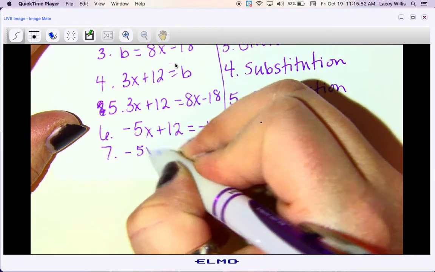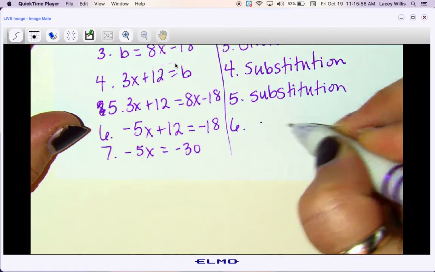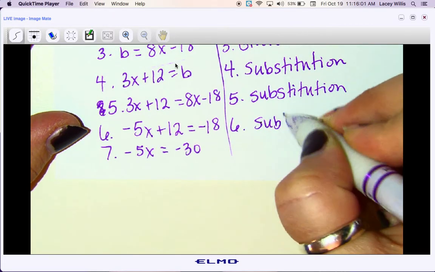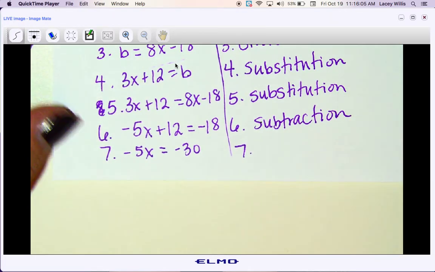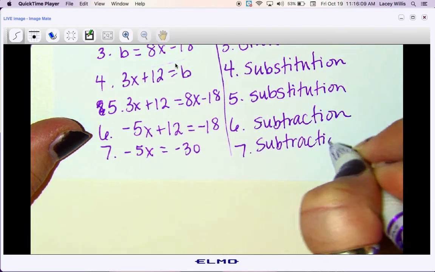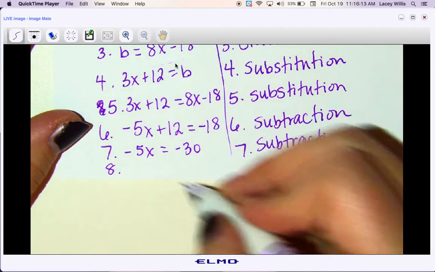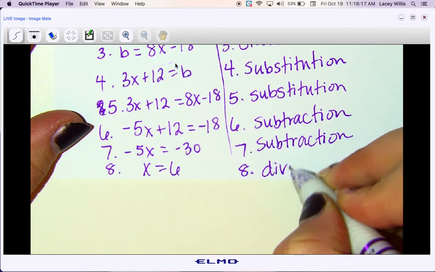So negative 5x equals negative 30. What was this line? Subtraction, right? And what do we do here? Subtraction again. And what's the last step? Divide. So x equals 6. Division.